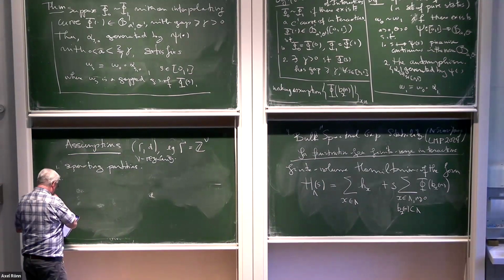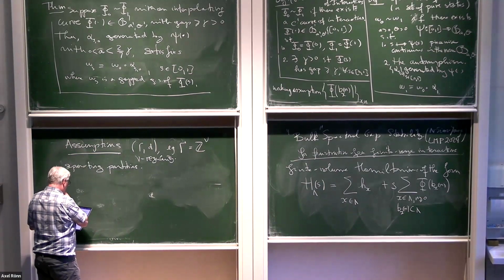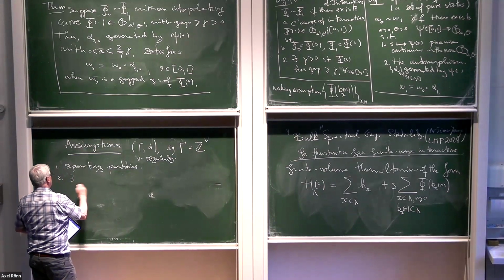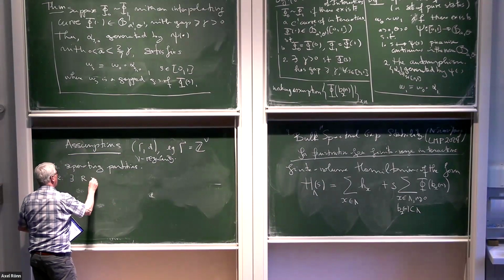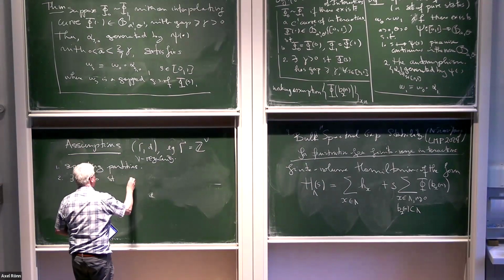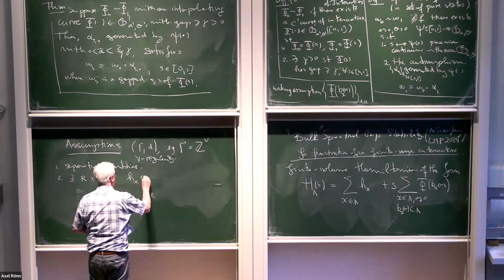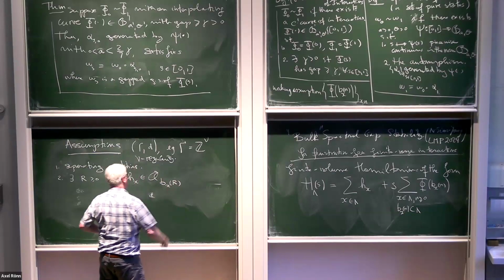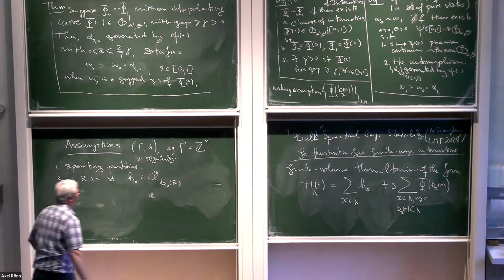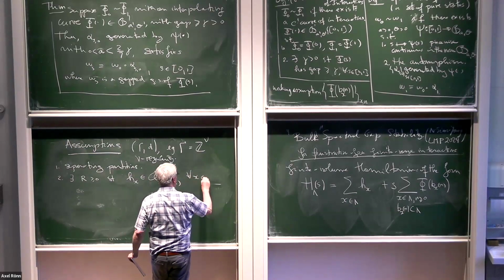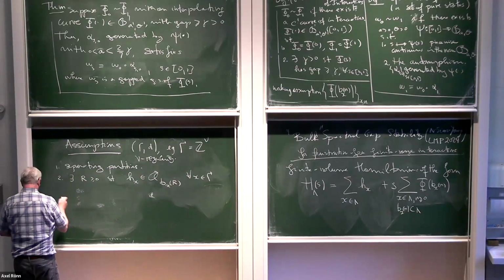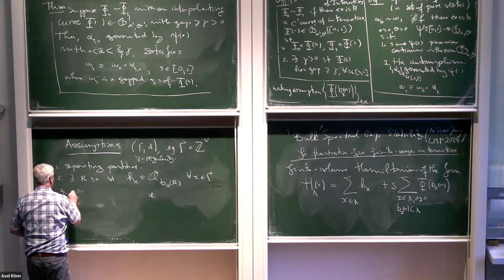So the second thing is that this H is Hx that is finite range. So there is some constant R such that Hx is in the algebra of the ball of radius R centered at X for all X. Then I will have the frustration freeness.